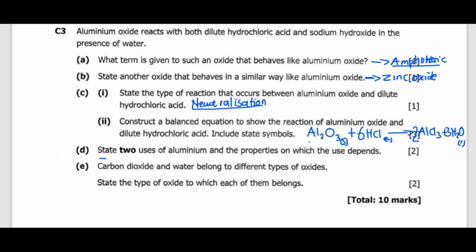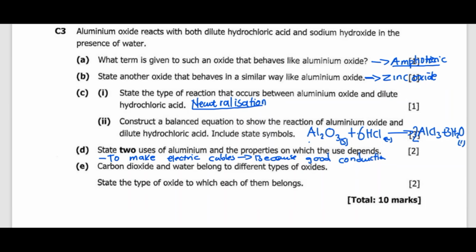State 2 uses of aluminium and the properties on which they depend. So the first one, to make electric cable. Why? Because it is a good conductor of electricity. That's a property.